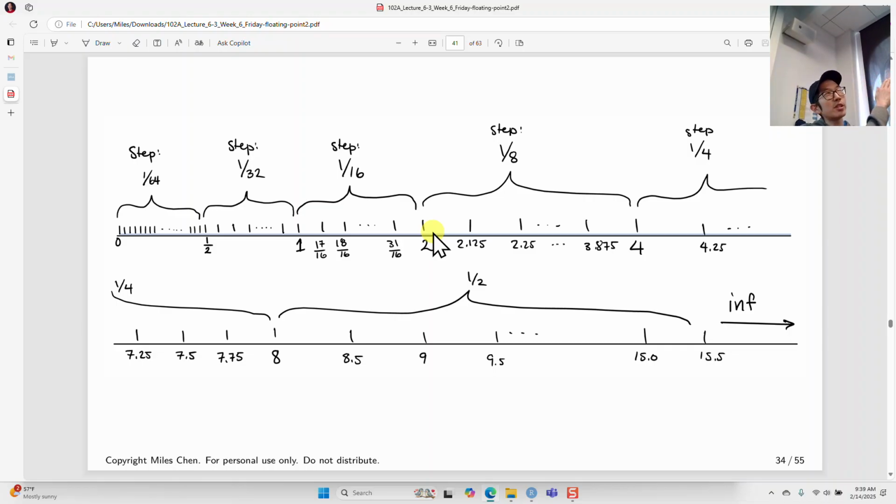In the beginning your step size is like 2 to the negative 1074, then there's a point where the step size is 2 to the negative 52, then 2 to the negative 51. Then at some point your step size becomes 1/8, then 1/4, then 1/2, then 1, and then it reaches a point where the step size becomes 2.